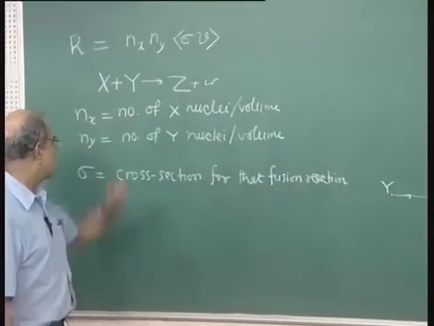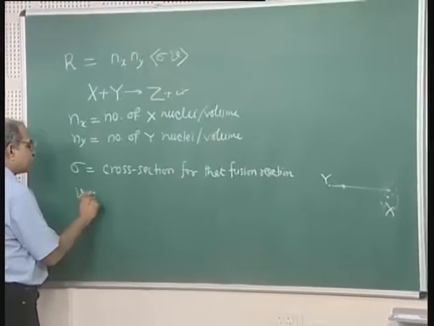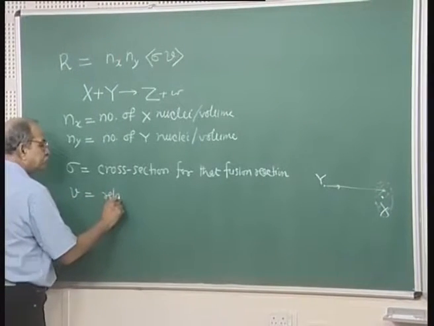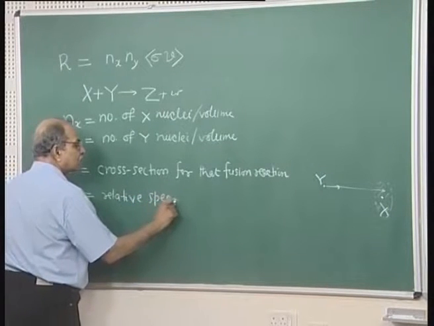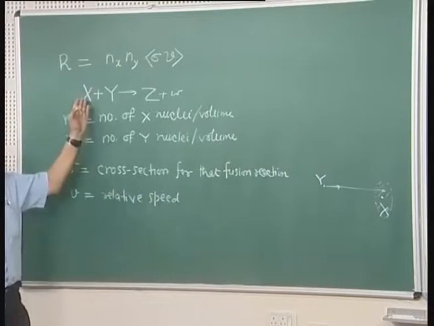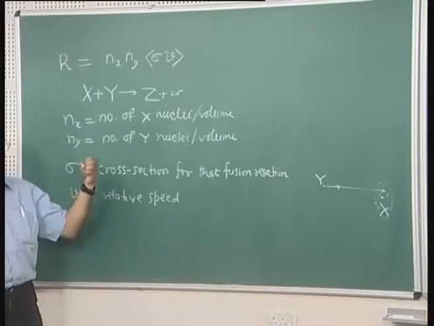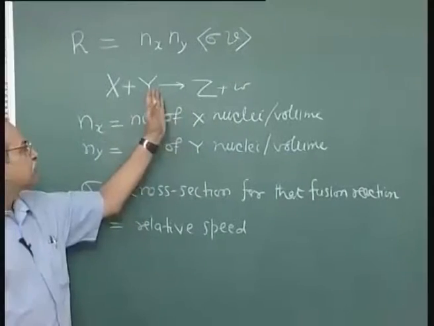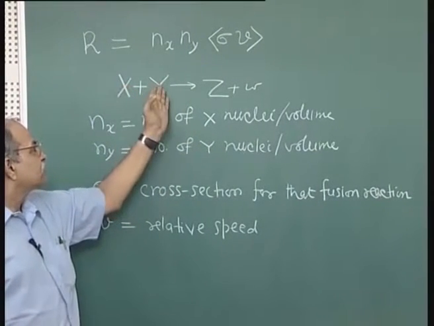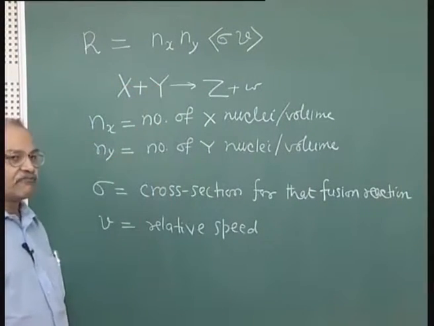So, that is the sigma, and v is the relative speed. The two nuclei x and y are approaching each other, and the relative speed, the speed of y with respect to x or of x with respect to y, that is this v.